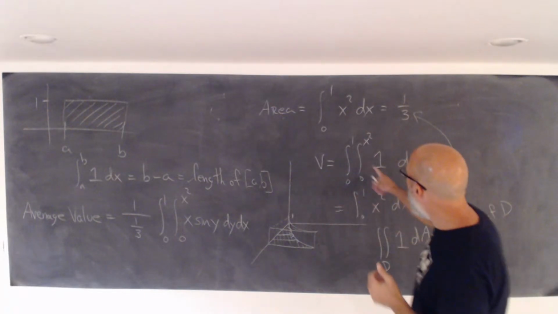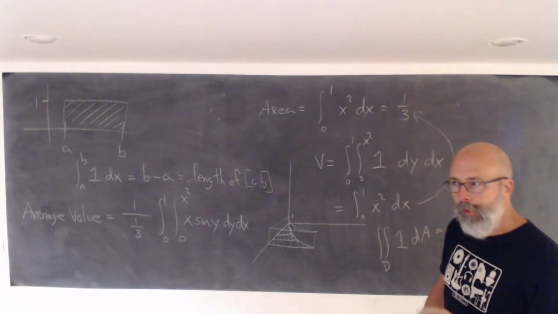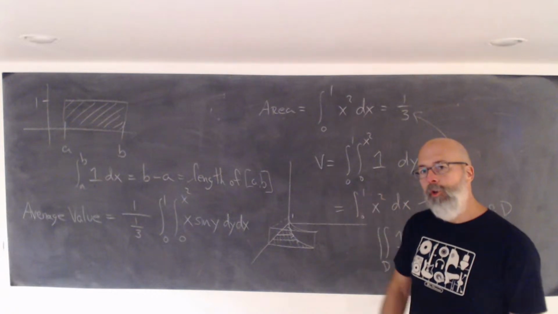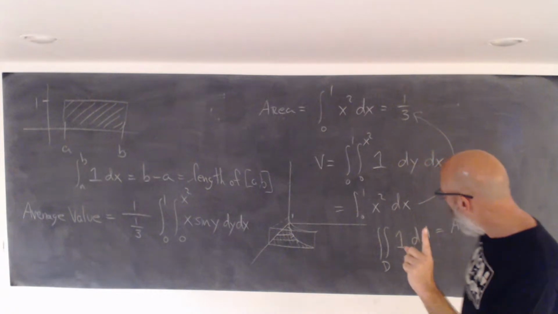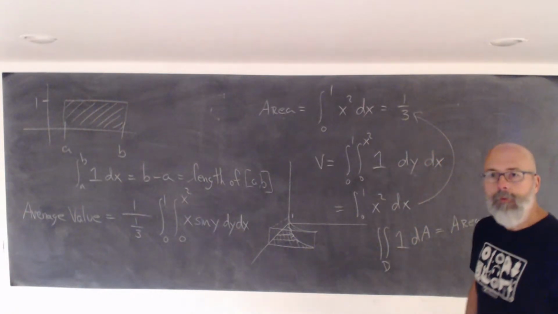In the same way that the double integral corresponds to the volume underneath the function, a triple integral corresponds to a 4-dimensional hypervolume. But if you integrate the function 1, it's going to give you the actual volume. Absolutely.